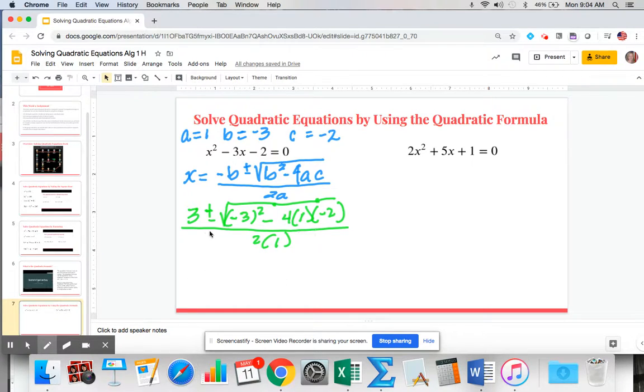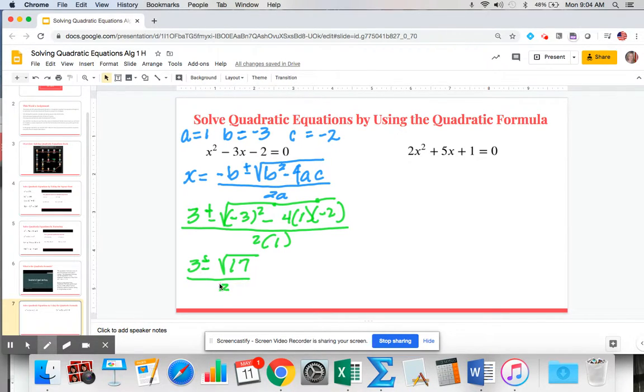Now we want to simplify inside the radical. We get 9 here, and we get +8 there. So 9 minus -8, or 9 plus 8, is 17, all over 2.